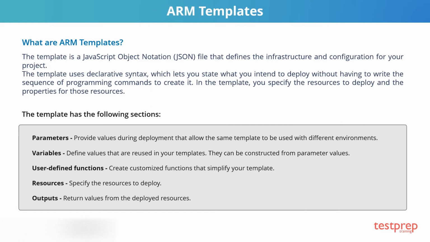To define values that are reused in your templates. They can be constructed from parameter values. 3. User-defined functions. To create customized functions that simplify your template. 4. Resources. To specify the resources to deploy. 5. Outputs. To return values from the deployed resources.